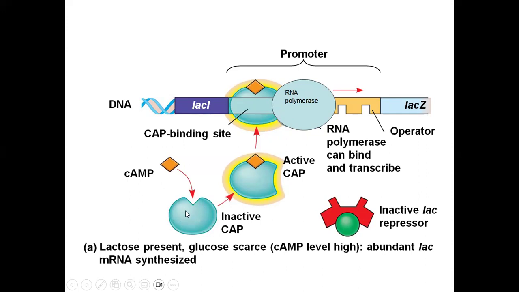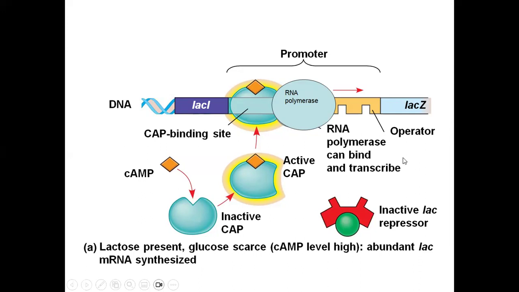This leads to formation of an active cyclic AMP CAP complex, which can bind to sequences upstream of the promoter region or RNA polymerase binding sites. Through direct protein-protein interaction with RNA polymerase, it can increase the effective concentration of RNA polymerase near the transcription start site, which leads to a high rate of RNA polymerase binding and transcription of the downstream structural genes.